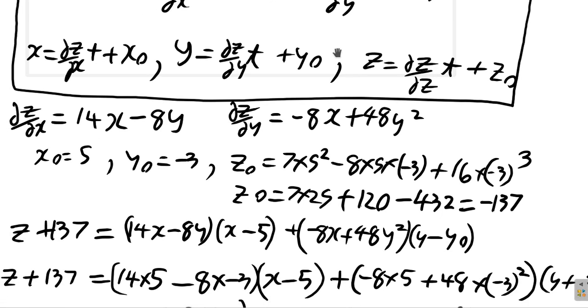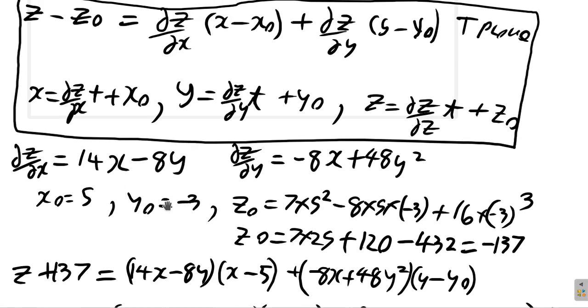And then negative 8x. We have that part, negative 8x plus 48y squared. Then we substituted the numbers.